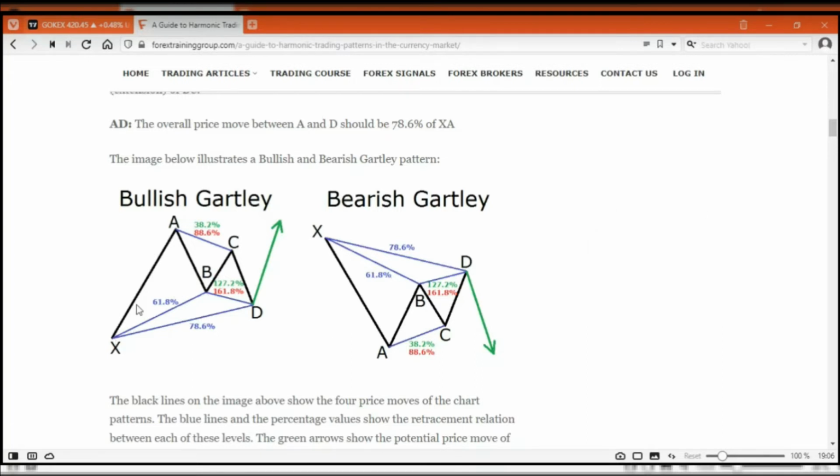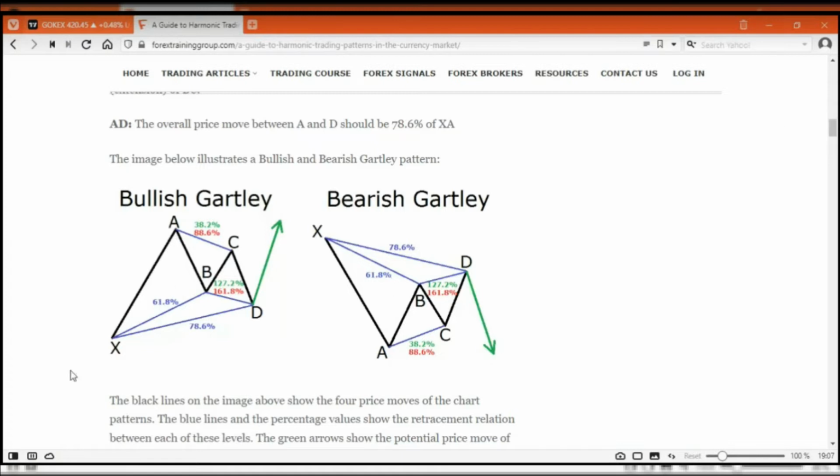We have X, A, B, C, D. This is the 5-point pattern. This is the bullish pattern, and this X, A, B, C, D is the bearish pattern. Whenever you see an M pattern in harmonics, it's a bullish pattern. Whenever you see a W pattern, it's a bearish pattern.